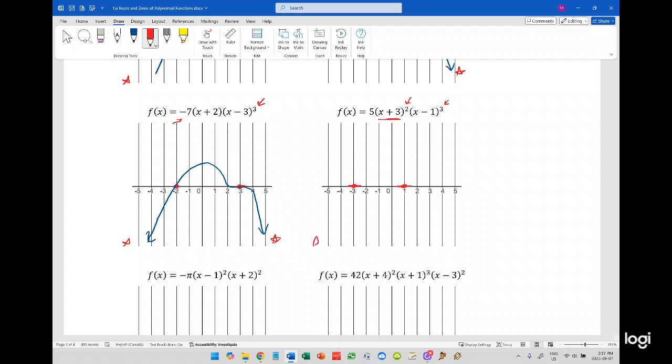It's going to start down here, end up there. It has a positive leading coefficient. So we have to follow the rule of the first one has to touch, but come back. And then the second one has to go flat and then through. So it's going to look a little something like that. I'll agree it's probably a little bit wonky, but again, for general shape, I think that's good enough.